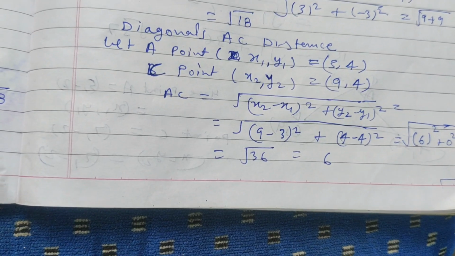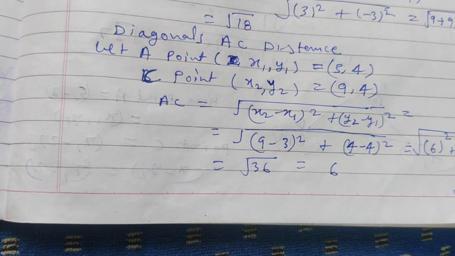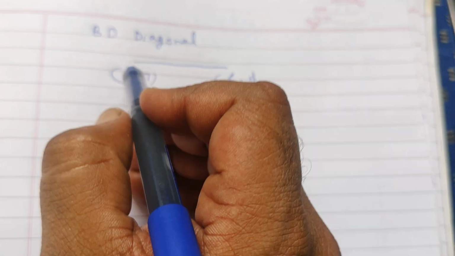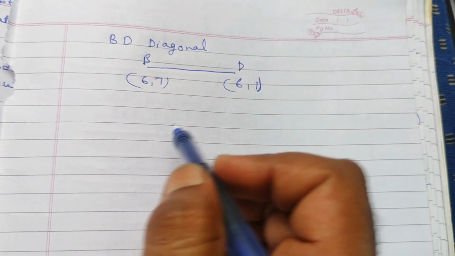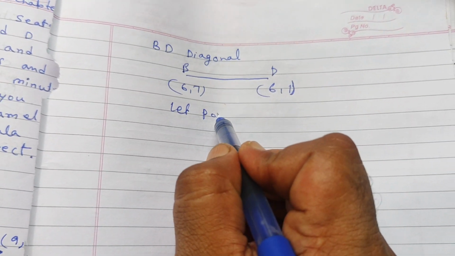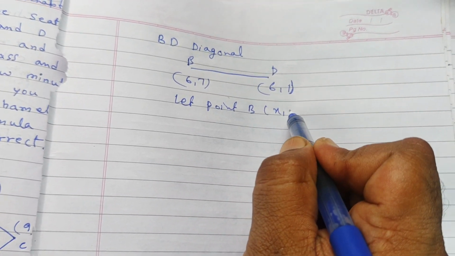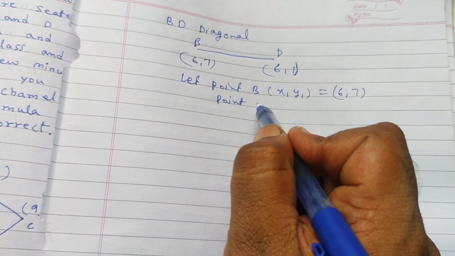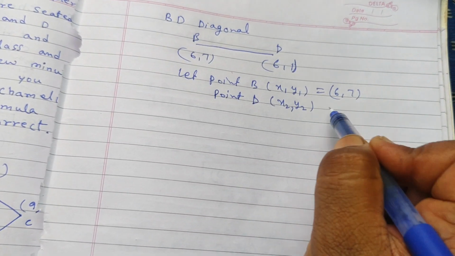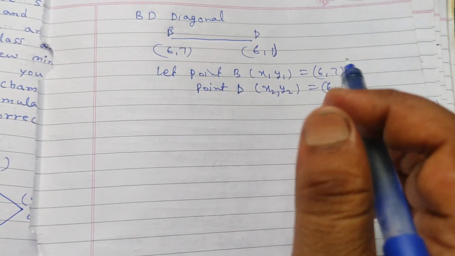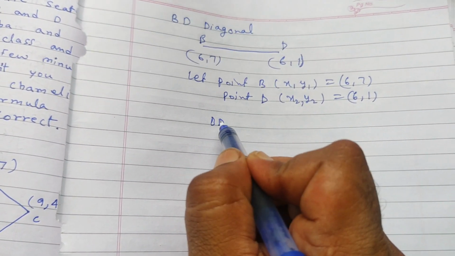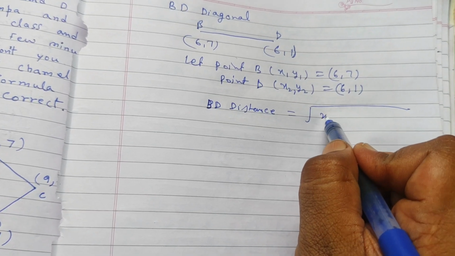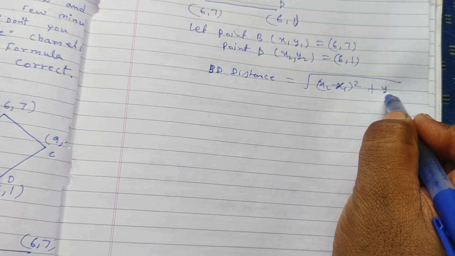Same, we take the points and check the diagonal BD. Let point B (x1, y1) be (6, 7), point D (x2, y2) be (6, 1). So BD distance is (x2 minus x1), (y2 minus y1).